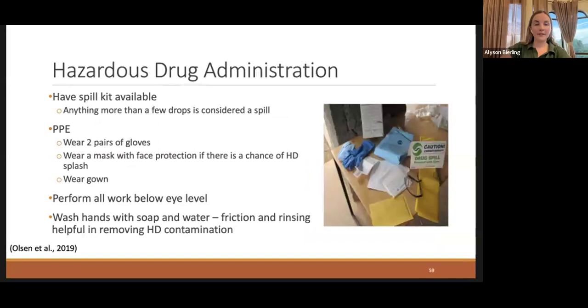After we've mixed chemotherapy and moved on to administration, here are some measures to reduce exposure. We've talked a bit about a spill kit. This should be available and used if there's anything more than a few drops of chemotherapy, which is what we consider a spill.